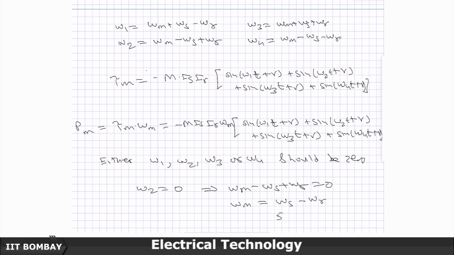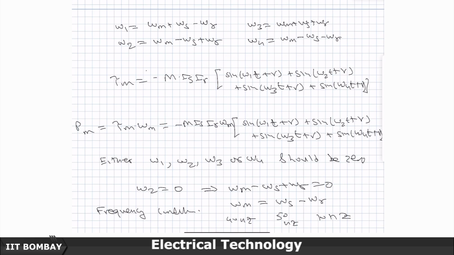So, if this is 50 hertz and this is 10 hertz, then our machine should be rotating at 40 hertz. When this happens, this is usually called the frequency condition.